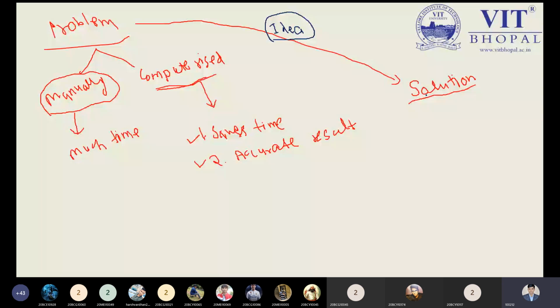Now after finding this solution, for example, what was the problem? I'm writing here P is our problem. We need to add three numbers. Okay, this is our problem, that is P. So what is the solution?